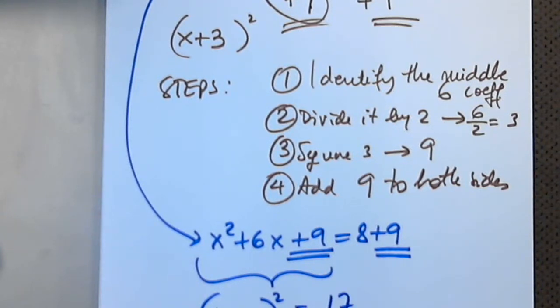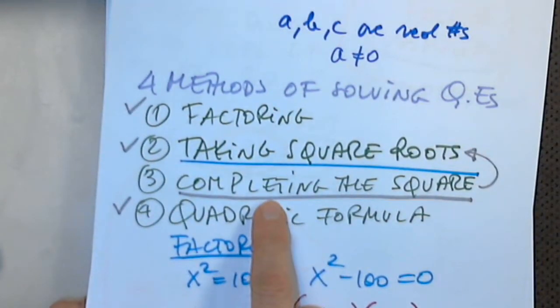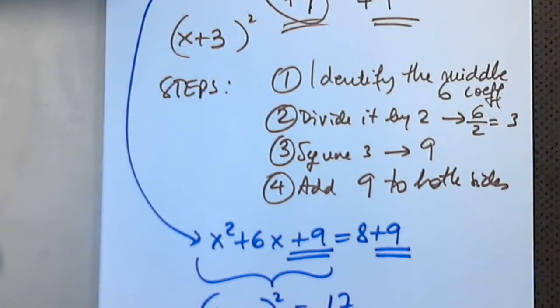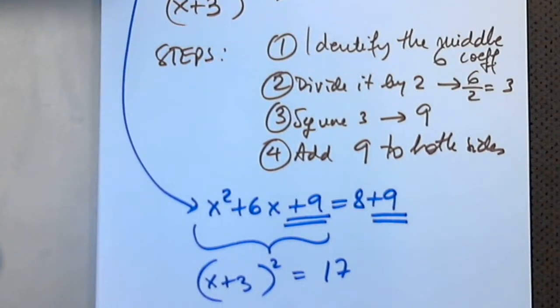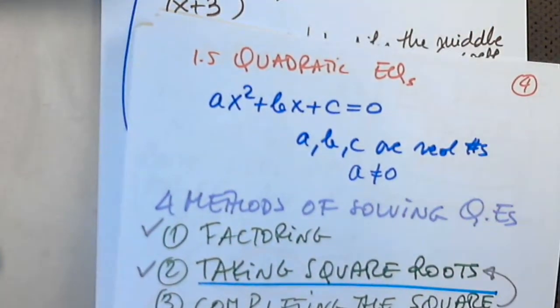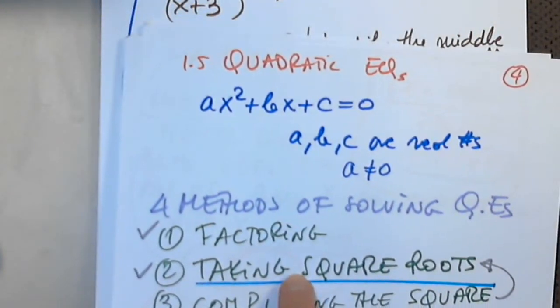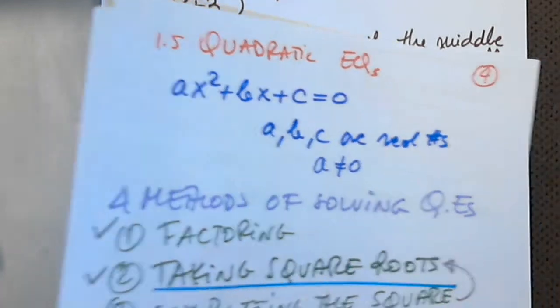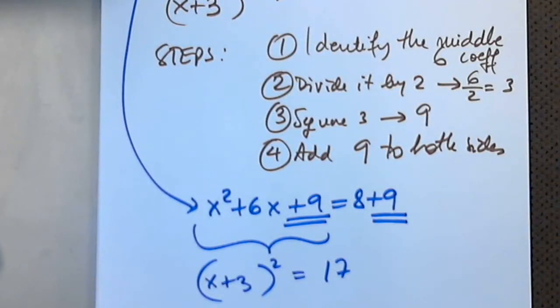Right. What did I say a few minutes ago when we started those 4 methods? What did I say about completing the square? Completing the square alone doesn't do the job. Look, I'm here. I haven't solved. But after completing the square, I come back to this method. I have no choice. So I take the square root from both sides.